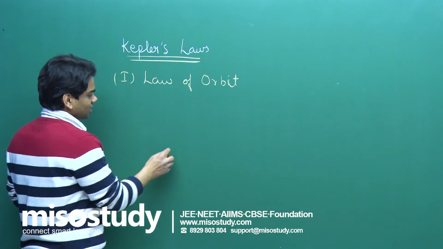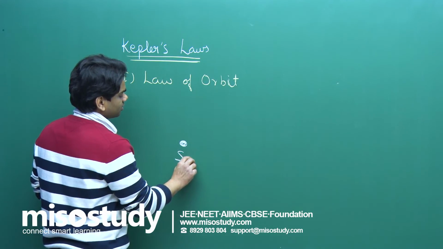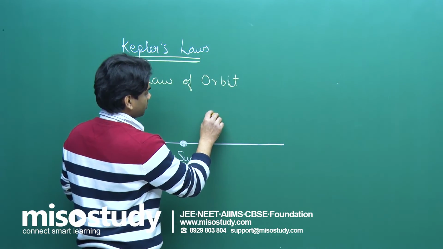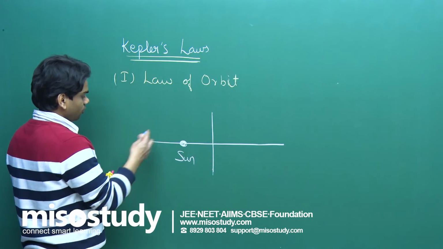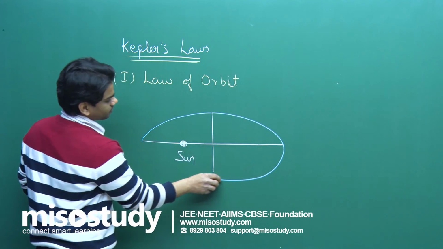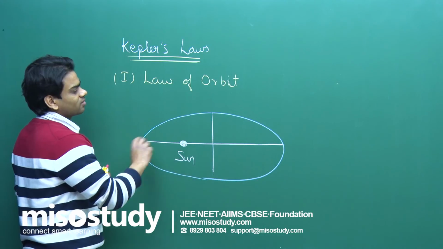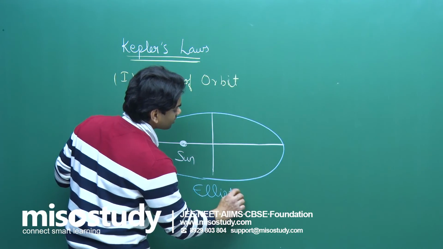In the last class I was telling you, if this is the sun, at the focus of the elliptical orbit, the planets will be revolving all around here. This is the orbit of the planet, an elliptical orbit, which we studied in the previous class.